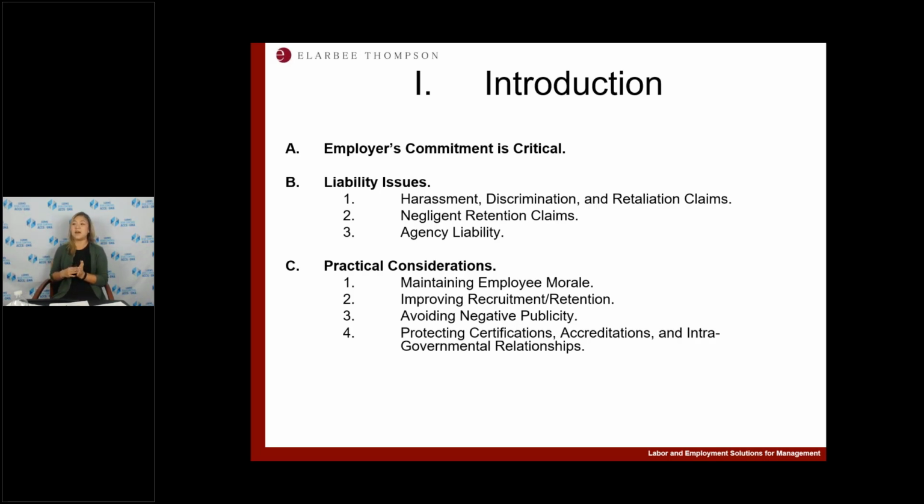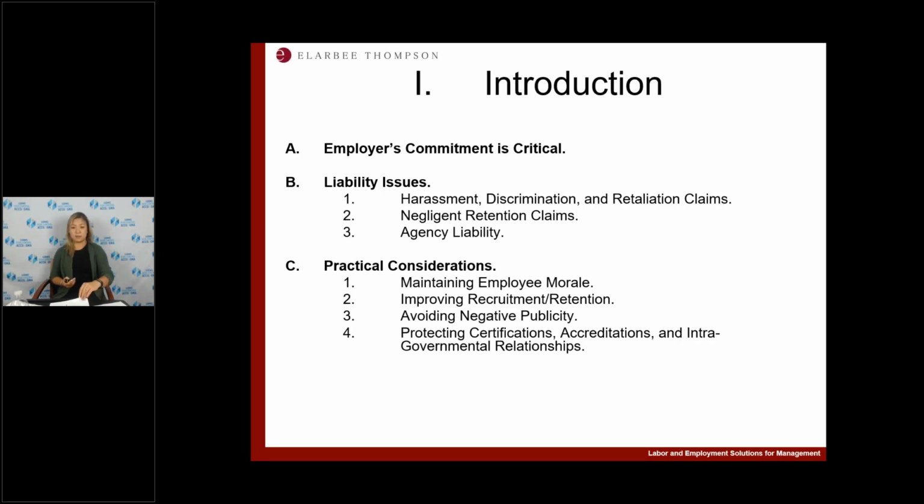And then beyond just the legal aspect, whether or not the employer can be held liable, on the more personal side for these kinds of investigations, you are looking at employee morale, retention and recruitment. Obviously, it's hard to keep employees if they don't feel listened to or they feel harassed or discriminated against.